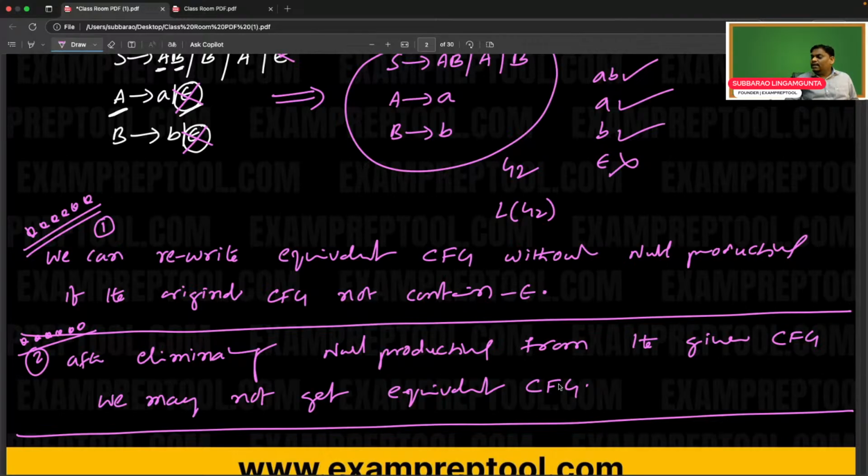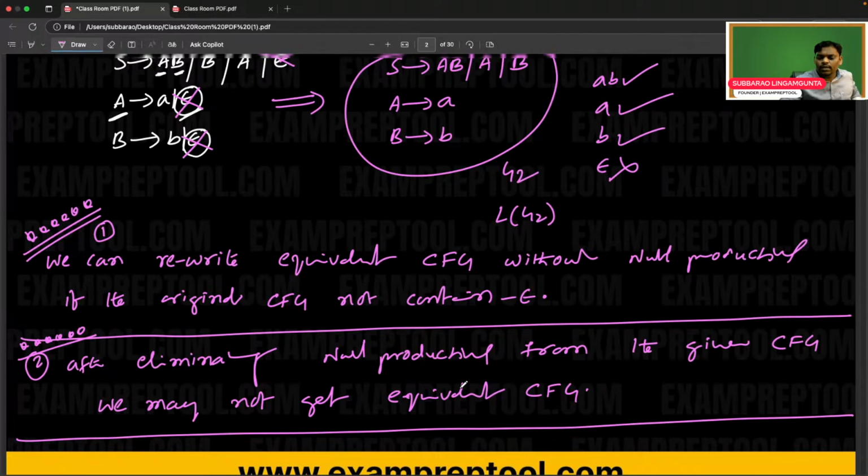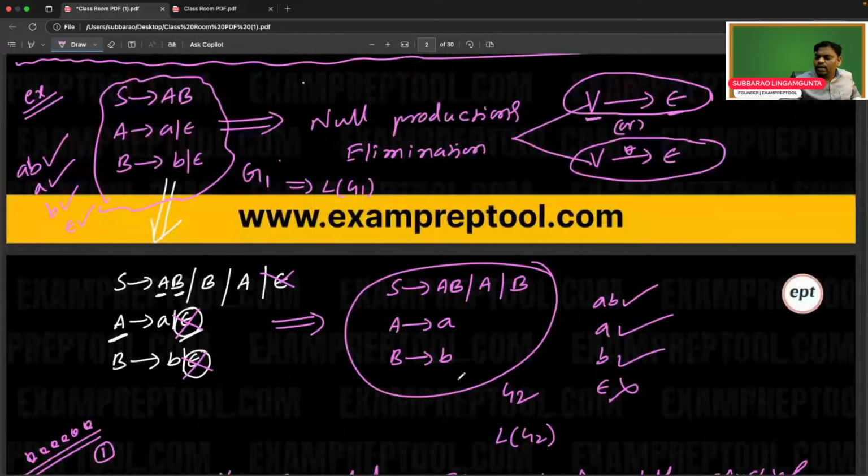So you don't get an equivalent one. But if before conversion there is no epsilon, after conversion also no epsilon, then both are equal. Maximum difference is only epsilon. The original one has epsilon, after conversion epsilon is not there. This is the maximum difference.